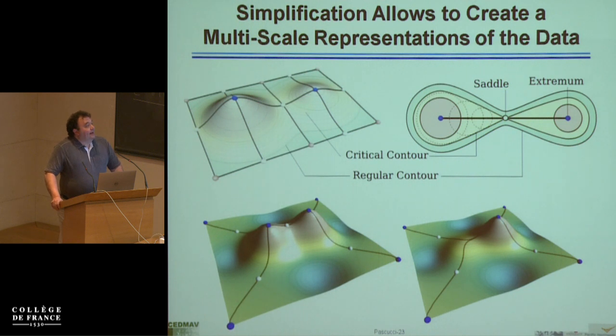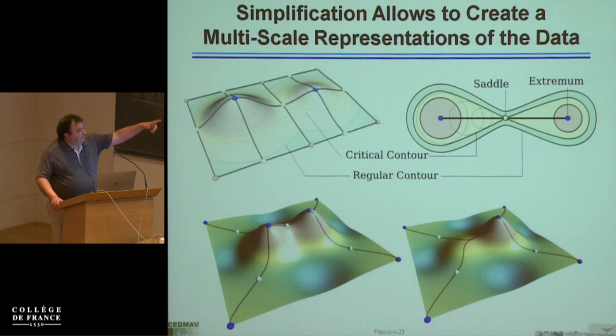Now, as seen also in the previous talks, this information itself, even if it simplifies a lot, can be overwhelming. So you want to build hierarchies on top of the data sets. Here you can do contraction of critical points. There are simple rules: you can contract critical points of indices that differ by 1.